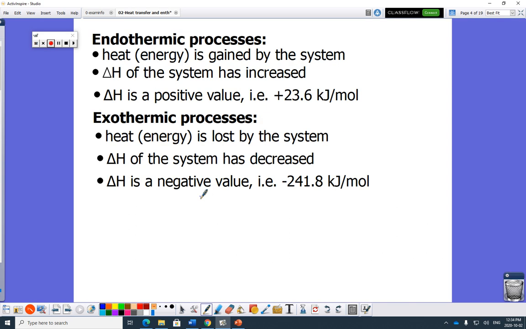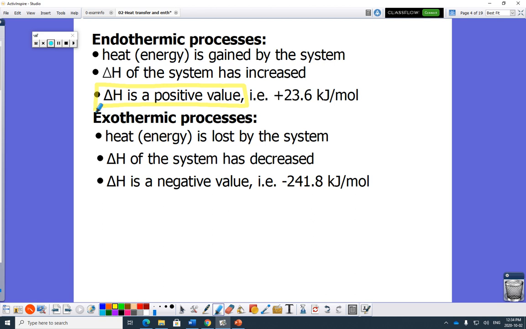So endothermic processes, we already talked about that energy is gained by the system, or the delta H of the system has increased. Mathematically, this is the best way to tell. Delta H is going to be a positive value.